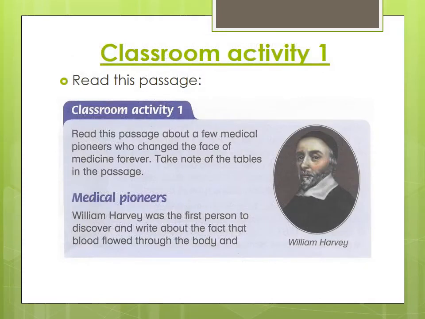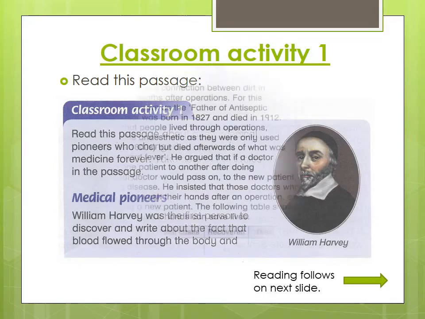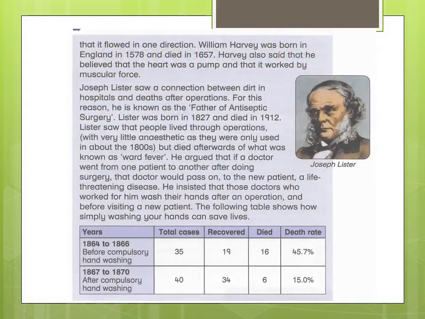Read the passage about a few medical pioneers who changed the face of medicine forever with me. Then take note of the tables in the passage. Medical pioneers. William Harvey was the first person to discover and write about the fact that blood flowed through the body and that it flowed in one direction.